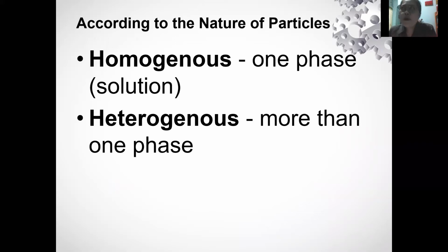When you say homo, that's one phase, or their appearance is uniform. Like my example earlier, if you dissolve sodium chloride, your salt, in water, you will get one phase only and that is liquid. So that's under homogeneous mixtures. But if you have substances combined together physically and you get more than one phase, for example, it has a liquid and it also has a solid, that will be under heterogeneous mixtures.